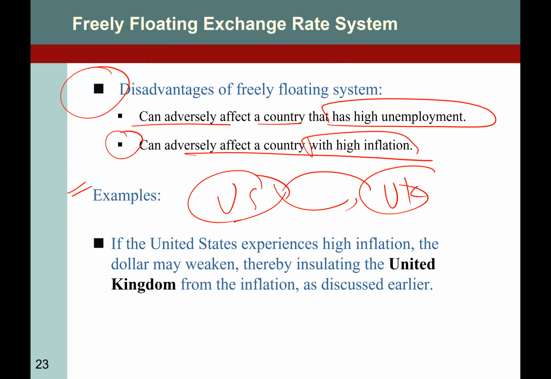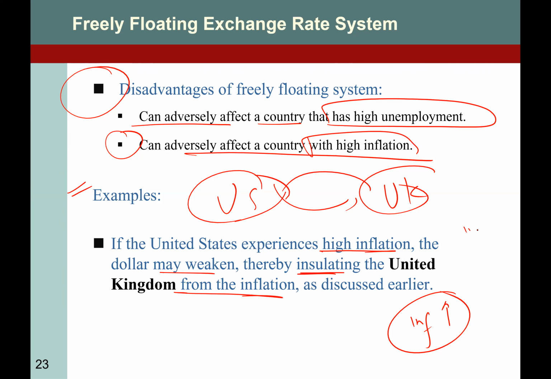If the United States experiences high inflation, the dollar may weaken, right? We already know the concept: the country experiencing high inflation, its currency will go down, thereby insulating the United Kingdom from inflation.